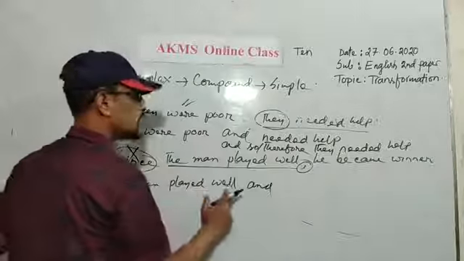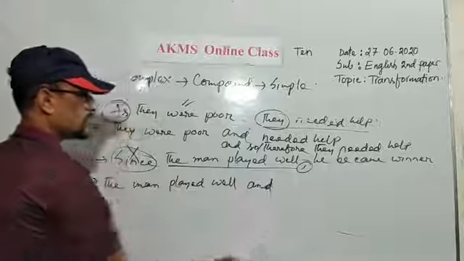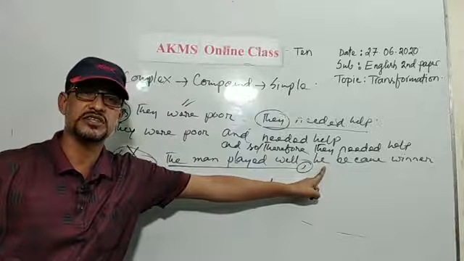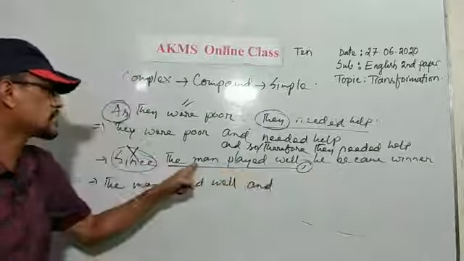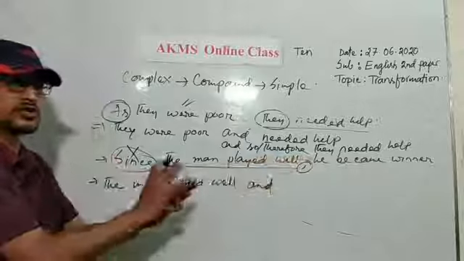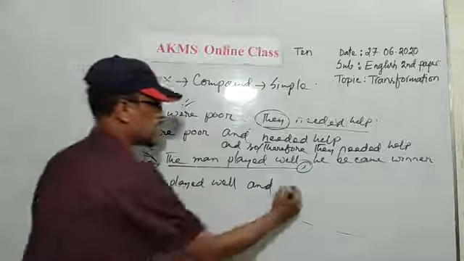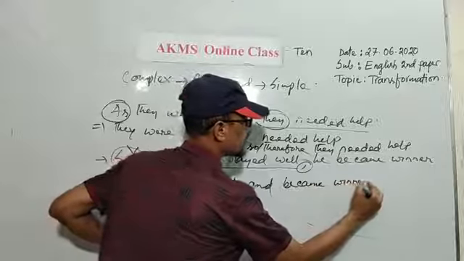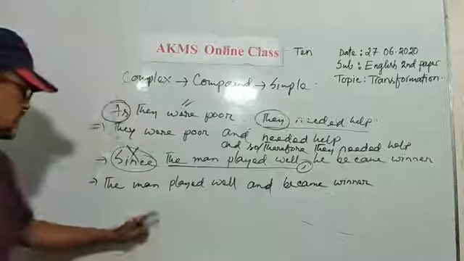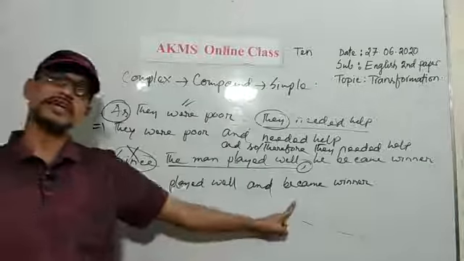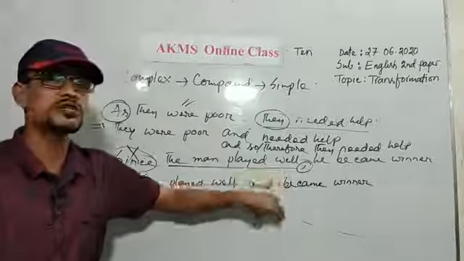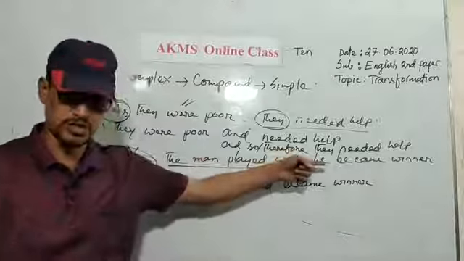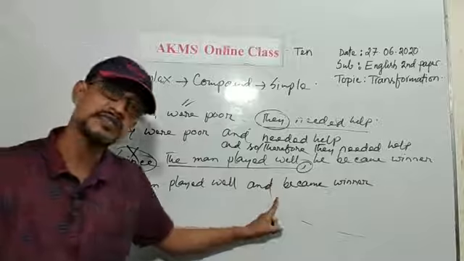The man played well and, you can identify, I have used he as a subject in the principal clause, but the person is the same. So you need not use the subject again. And became winner. The man played well and became winner. You need not use the subject here again because the subjects of both clauses are the same.